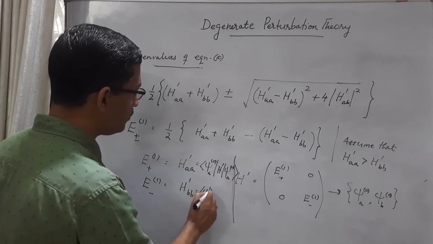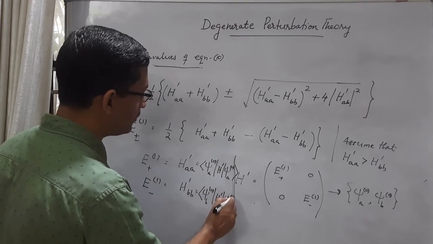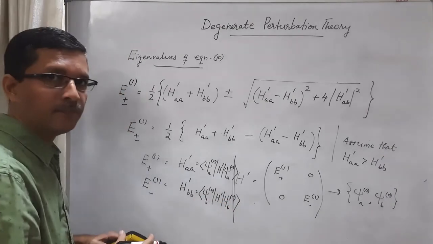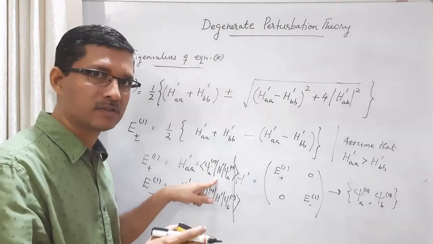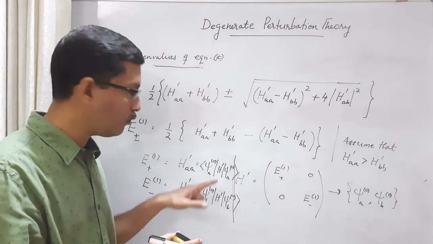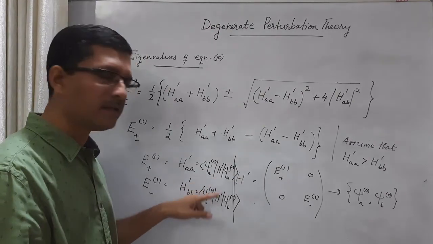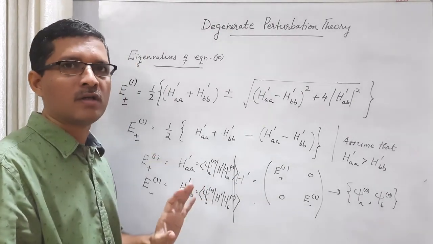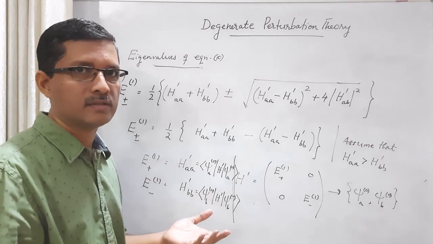Psi B0 H prime psi B0. Look at these expressions. These are the expectation value of H prime in the unperturbed state, in one unperturbed state and the other unperturbed state. So this is exactly like the first order correction in energy in the non-degenerate case.